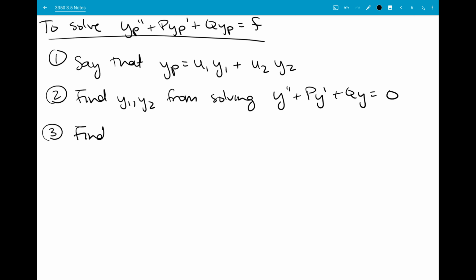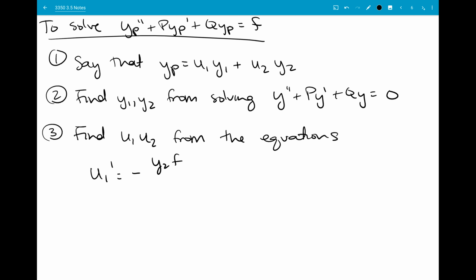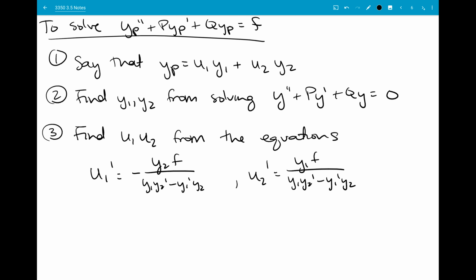And then we find u1, u2 from the equations u1 prime equal to minus y2 f over y1 y2 prime minus y1 prime y2, u2 prime equal to y1 f over y1 y2 prime minus y1 prime y2.